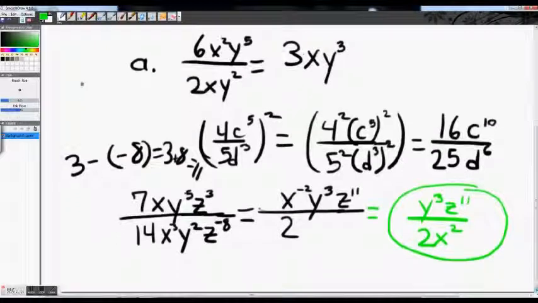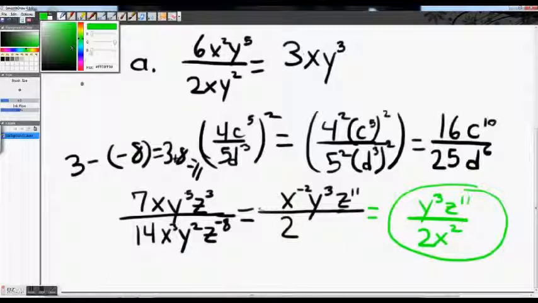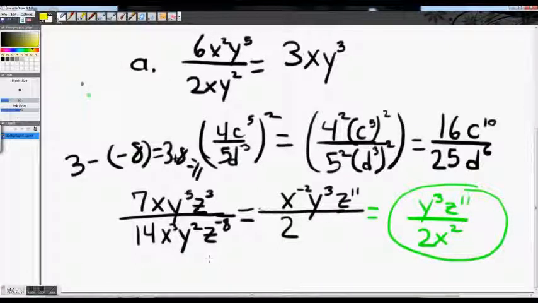So a numerical example of that rule would be, 3 to the negative 2nd will equal 1 over 3 squared, which is equal to 1/9.